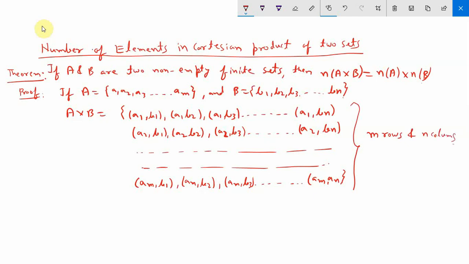Okay, so clearly we can see from this, A × B has m × n ordered pairs.